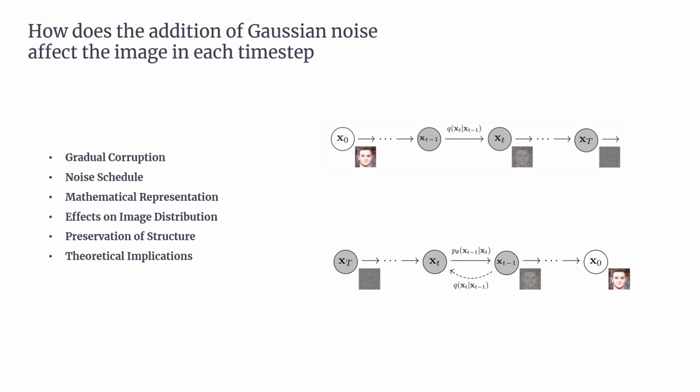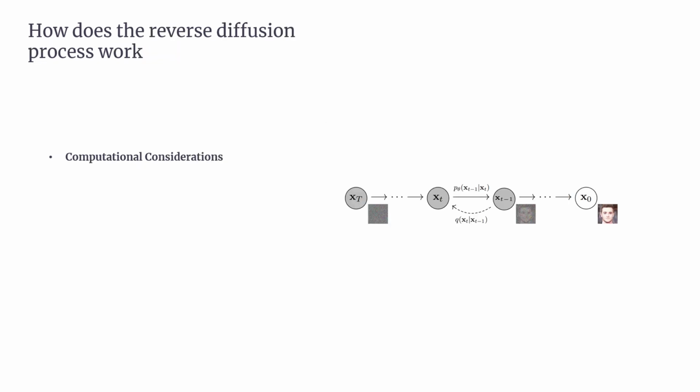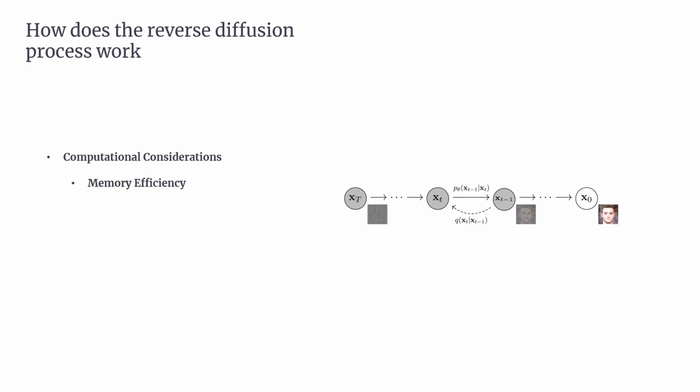This allows the model to work with true Gaussian noise, which helps preserve the distribution properties of the noise. 2. Continuous space. By not restricting the values to discrete pixel ranges, the diffusion process can operate in a continuous space, which is beneficial for learning and generating complex data distributions.